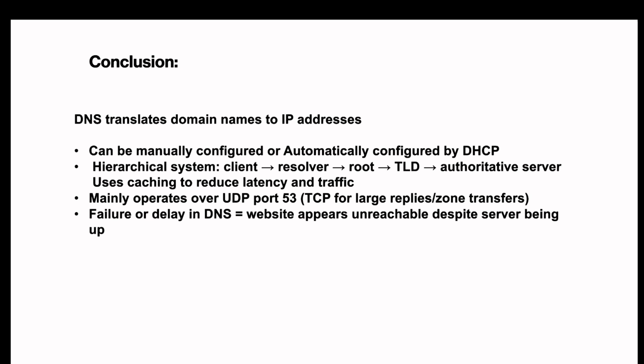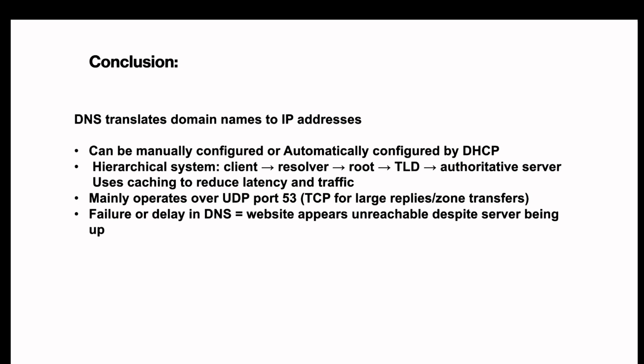Next, we have a hierarchical name system, where first the client has to use the resolver, and the resolver will do a recursive DNS query, first to the root DNS server, second to the top level domain server, and third to the authoritative DNS server.